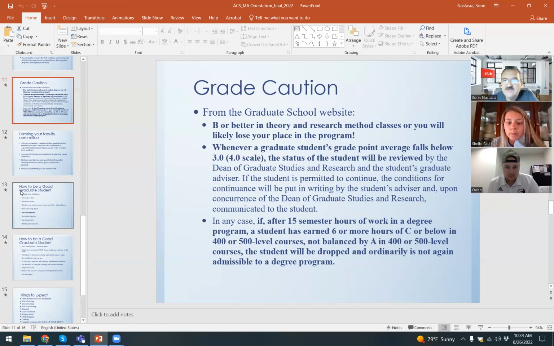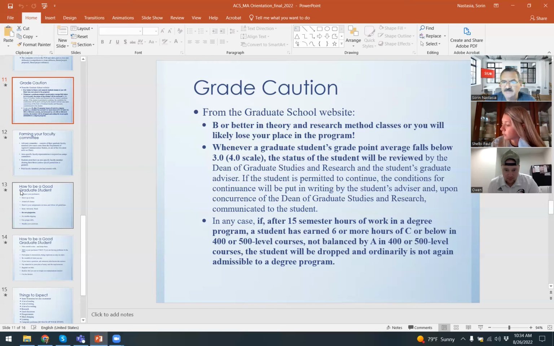Whenever a graduate student's grade point average falls below 3.0 on a 4.0 scale, the status of the student will be reviewed by the Dean of Graduate Studies and Research and the student's graduate advisor. If the student is permitted to continue, the conditions for continuance will be put in writing by the student's advisor, and upon concurrence with the Dean of the Graduate Studies and Research, communicated to the student.